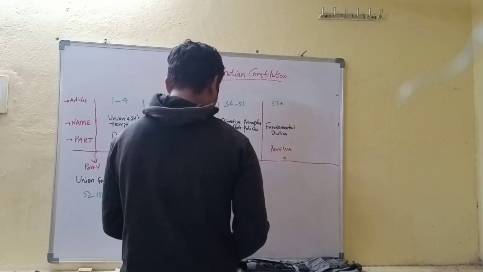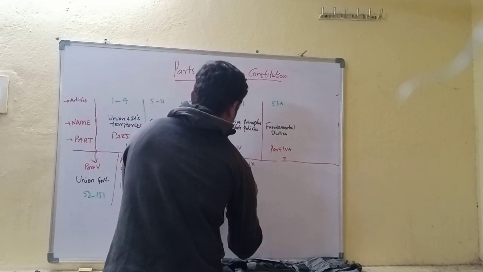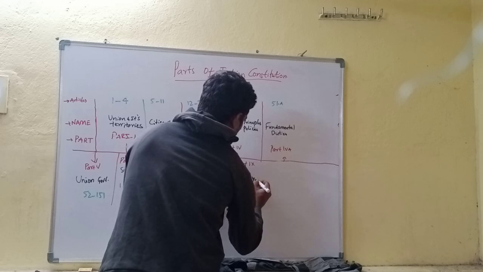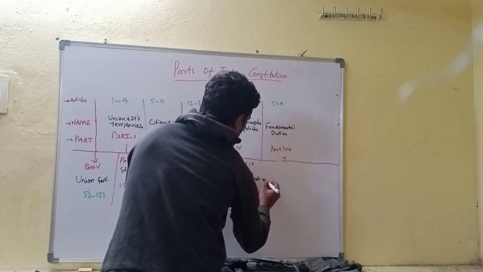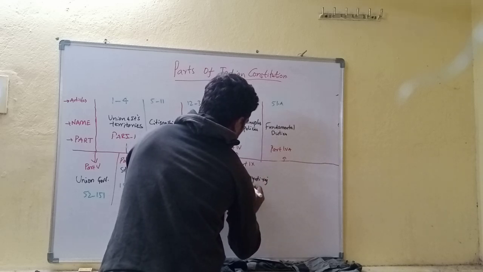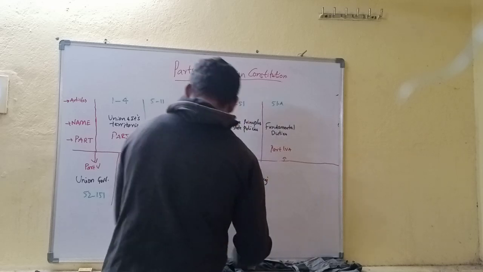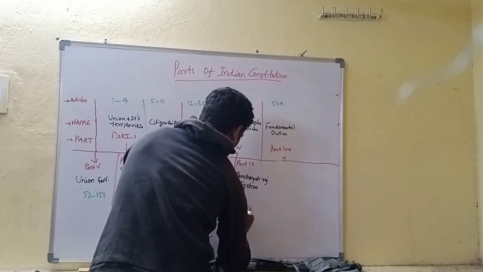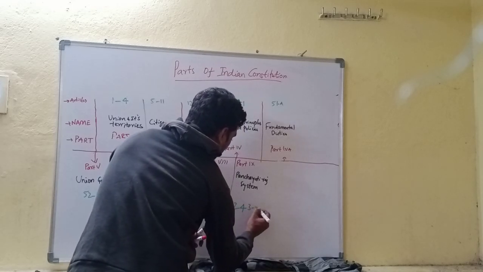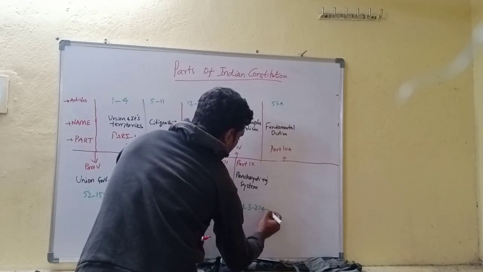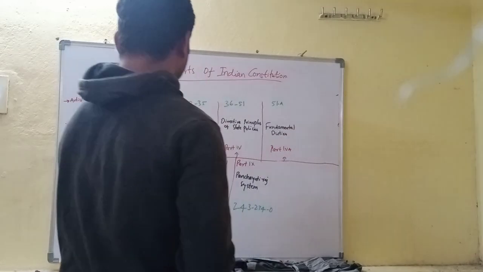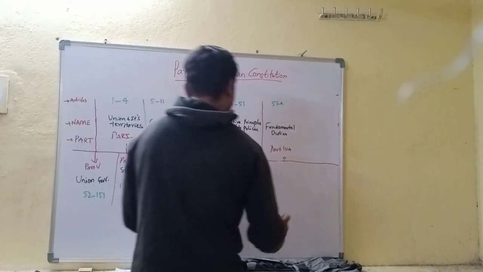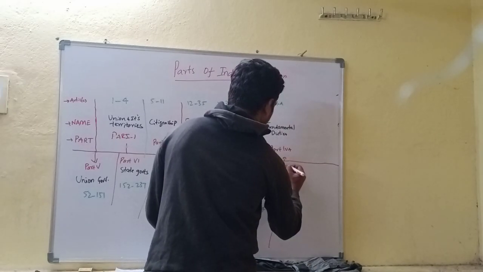Part 9 is the Panchayati Raj system. Articles 243 to 243O. Next is Part 9A, which tells about municipalities.